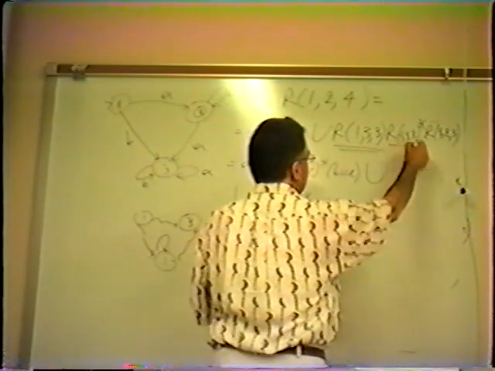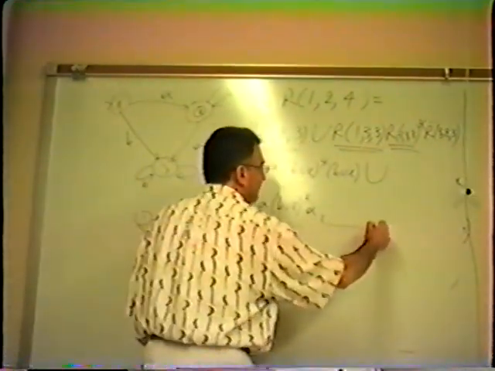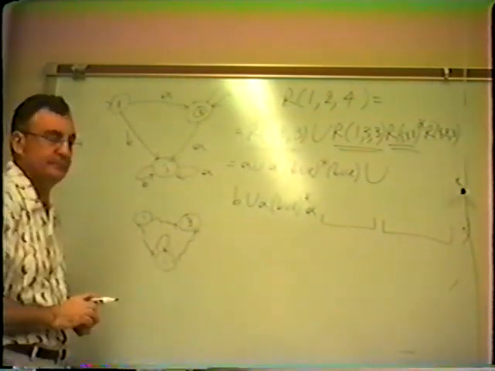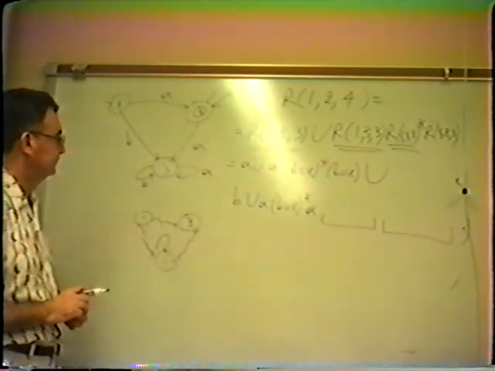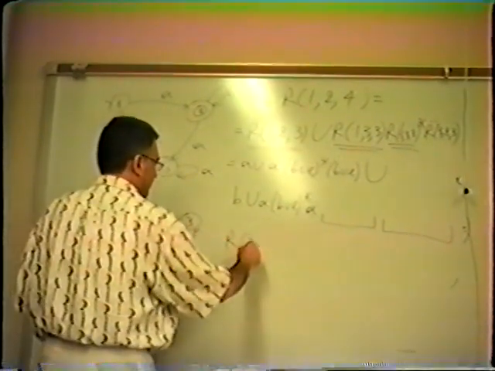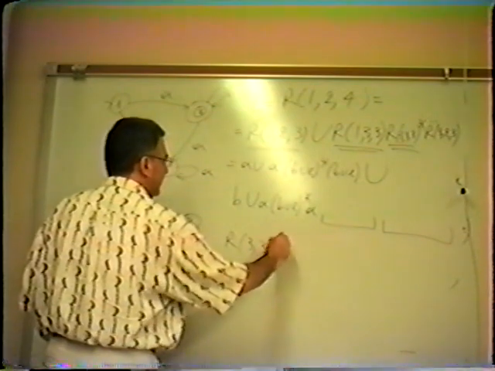Because we need to concatenate it with 3,3 star, and then with 3,2,3. So R 3,3,3. What is that?